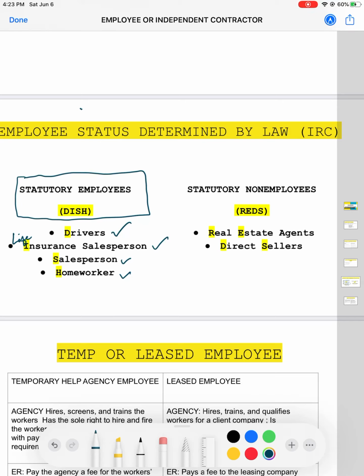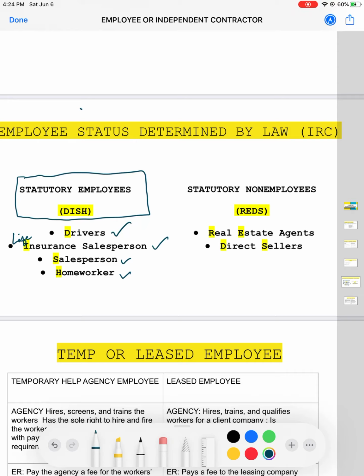Okay, now all these, the driver, life insurance salesperson, salesperson, and home worker, they are statutory employees, meaning that these persons may not be employees under common law, but they are treated as employees for certain employment tax purposes.